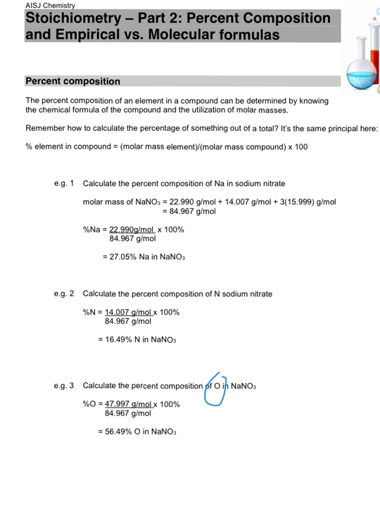What's the percentage of oxygen in sodium nitrate? So we have a total of 47.997 grams for every mole of compound of oxygen, and a total of 84.967 grams per mole of compound, and we can calculate that oxygen is 56.49%.